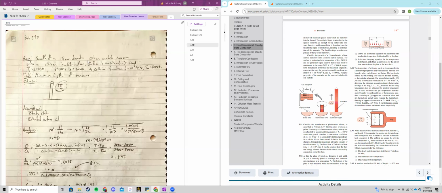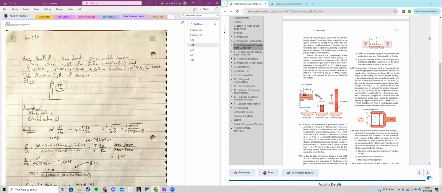Starting off, I just wrote my given statement, which is just a summary of the stuff that they gave us in the question. And then our find is the maximum length of the nanowire. Here's my schematic. Pretty good, I would say, compared to the given one. That's why I have the textbook open, so you can actually see a good schematic rather than mine.